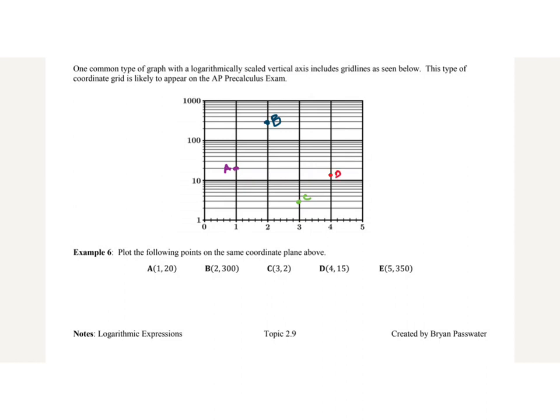Maybe halfway between. Halfway between? Yep. And then the last one, E, 5, 350. So 100, 200, 300, I think right here. I have a question. Would C be like one lower because 1 is like the 1, 2? Yeah, I think you're right. I think I missed C. Good question. That feels better.